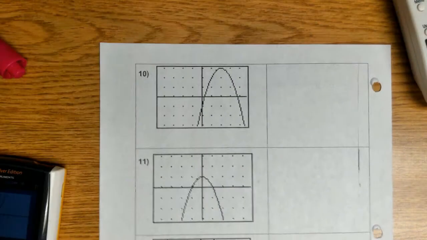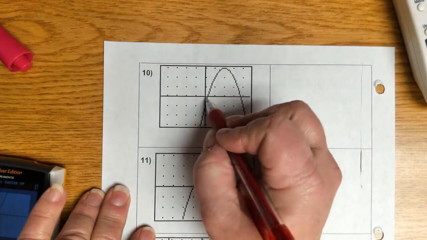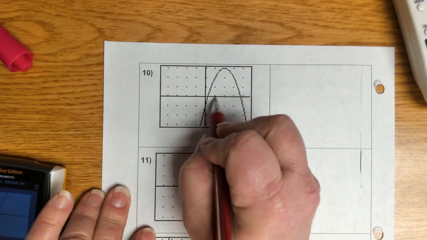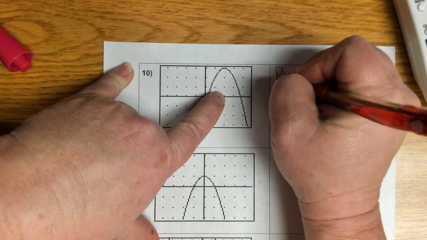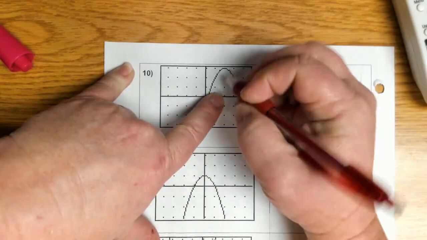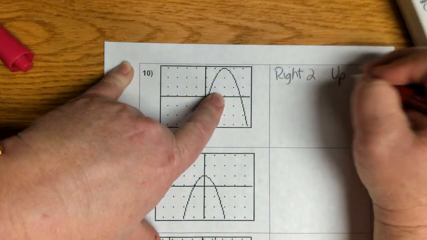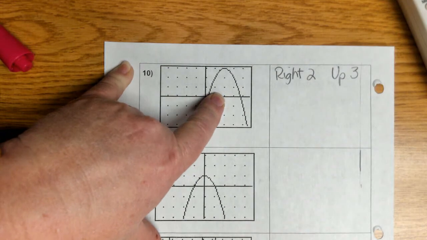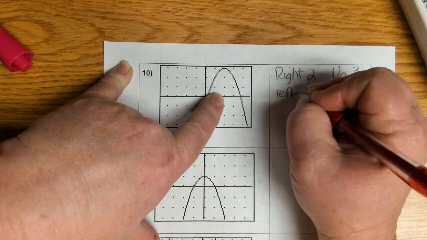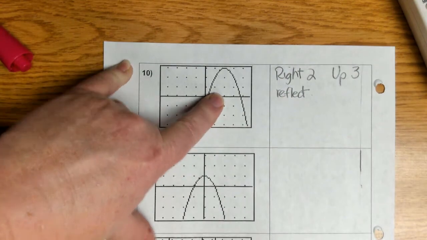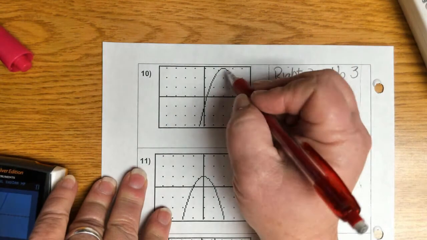Let's look at these graphs together. Here we've gone right 2 and up 1, 2, 3, up 3. So we have reflected, because obviously we have reflected. I need to see if we've done anything else.